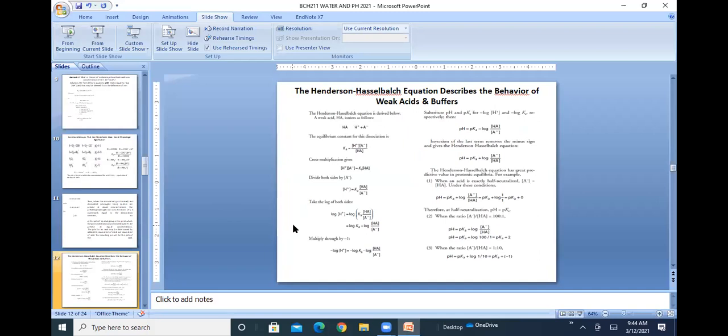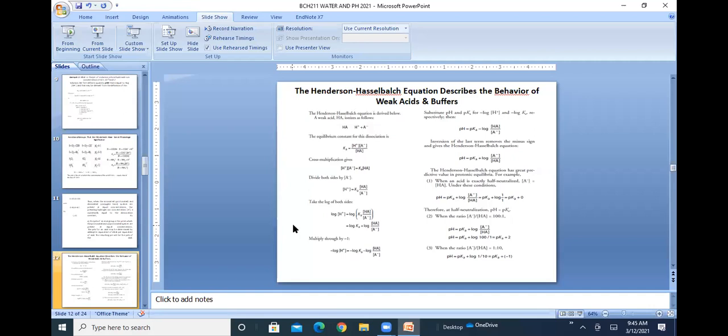If an acid HA ionizes, it will ionize into hydrogen ion and the conjugate base. The conjugate base here is A minus. The equilibrium constant for this acid dissociation will be Ka equals hydrogen ion concentration multiplied by A minus concentration over HA concentration.